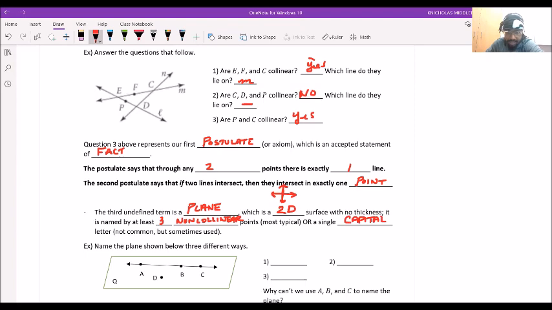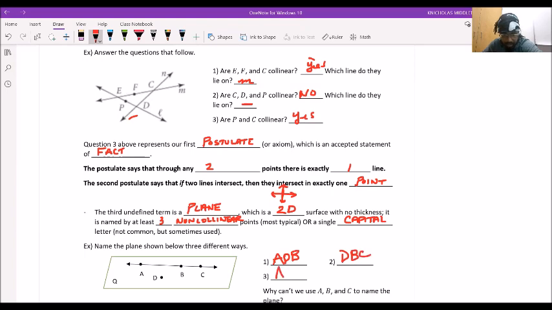As we look at this plane over here, we could call this plane ADB. We can call it plane DBC, or we could call it plane ADC.